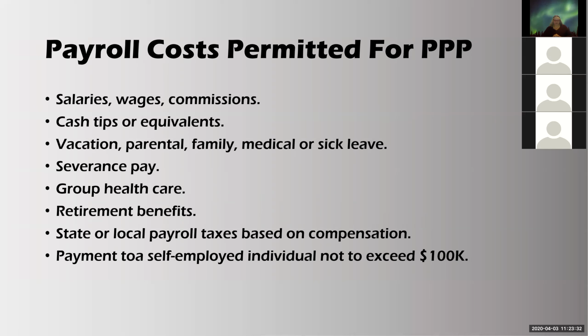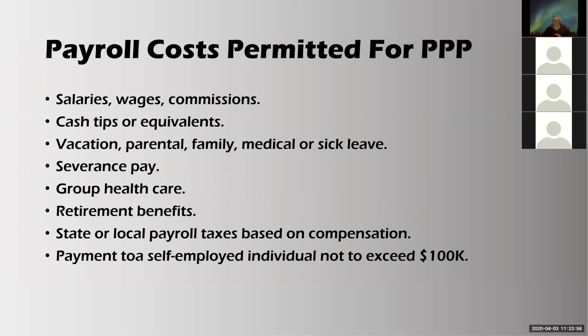It'll cover your group health insurance, retirement benefits such as 401(k)s and things like that, and the state and local payroll taxes that are based on compensation. Here in Colorado, that is your unemployment tax only, but there are some states that have others.